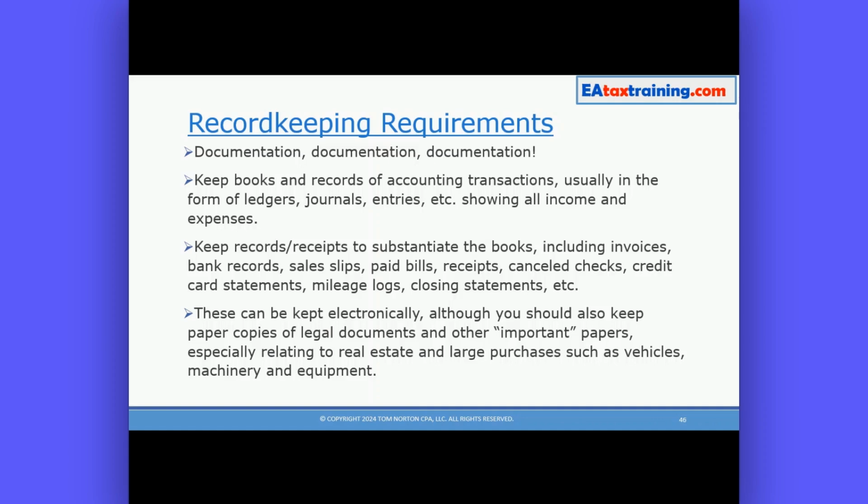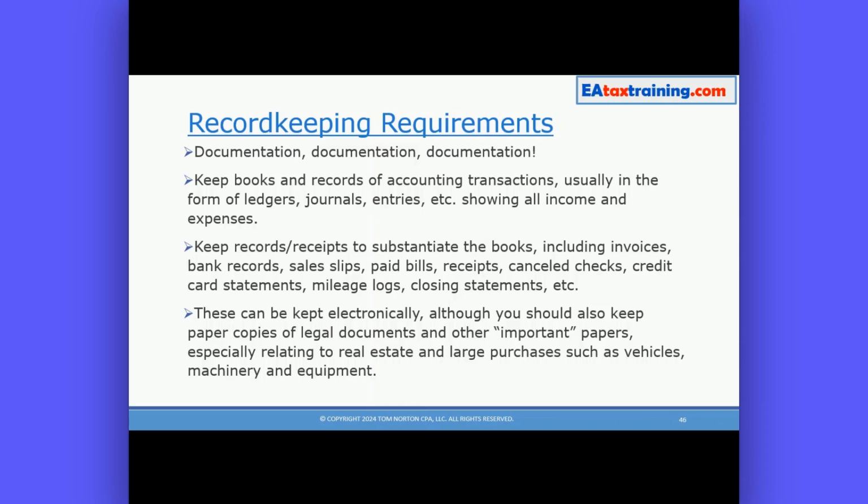These obviously can be kept electronically, or you can keep paper copies, and especially related to real estate and large purchases such as vehicles, machinery, and equipment. So a lot of times you can keep it electronically, but it's also good to have a paper copy of those things, and you will keep those in a safe place. But I cannot stress to you enough the importance of documentation when it comes to tax returns.